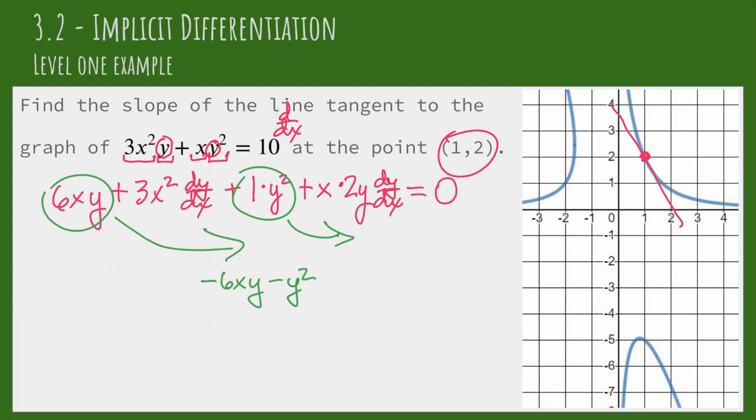And then when we keep the dy dx's on the left, we're going to factor out the dy dx and have 3x squared plus 2xy. So we're going to end up dividing by that. And so we get dy dx is equal to all of that.